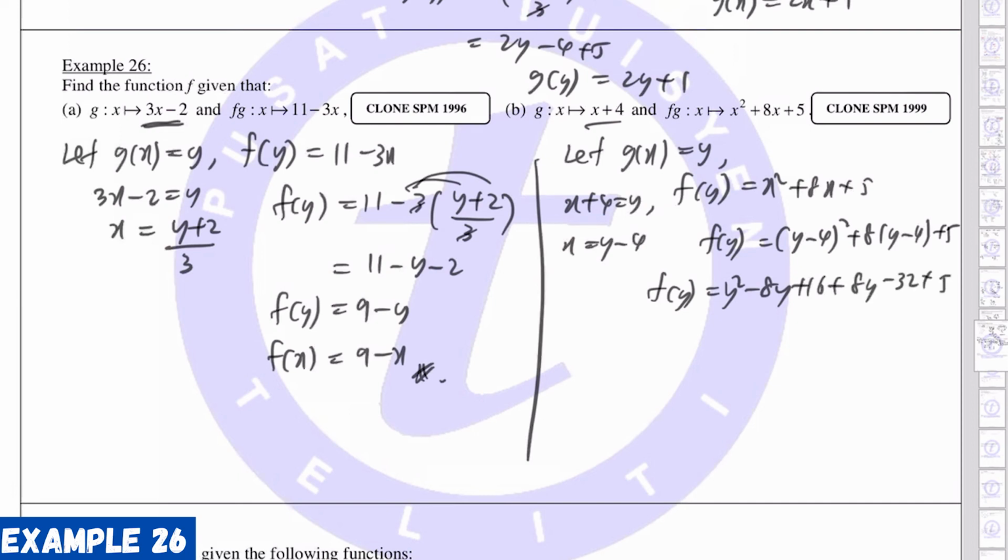I hope you can expand this rather quickly by now. So minus 8y and plus 8y cancel, left with 16 minus 32, negative 16, negative 16 plus 5, negative 11. So if f(y) equals y squared minus 11, therefore f(x) will be x squared minus 11.